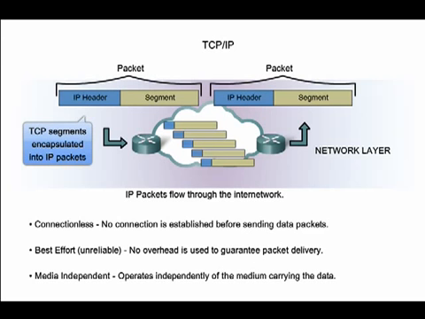Best effort delivery means that IP does not guarantee packet delivery, so it is possible that a packet may be lost in transmission. It is the job of the transport layer to guarantee delivery. Media independent means that IP operates independently of the medium carrying the data and can be used with many different media. These characteristics greatly reduce the overhead of a packet, which allows IP to function very efficiently at the network layer.